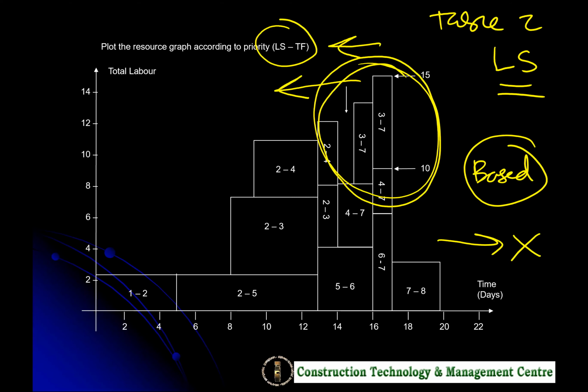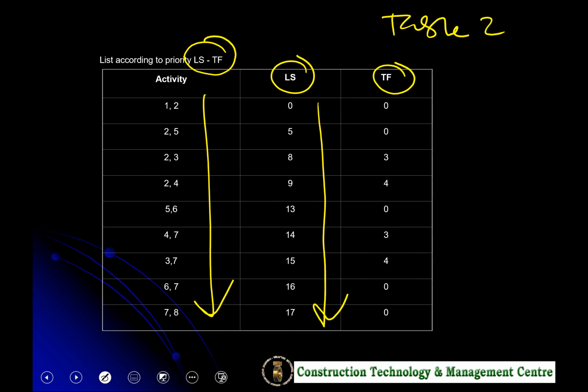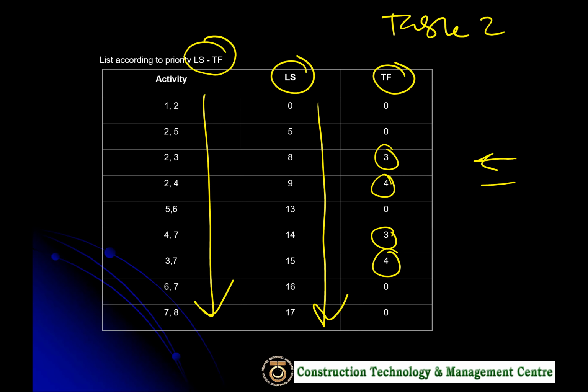What does moving mean here? You notice certain activities do have total float. If we are using late start, meaning to say, we can move the activity to the left by 3 days, 4 days, or 3 days or this 4 days. This activity, which doesn't have any total float, cannot be moved around anymore.